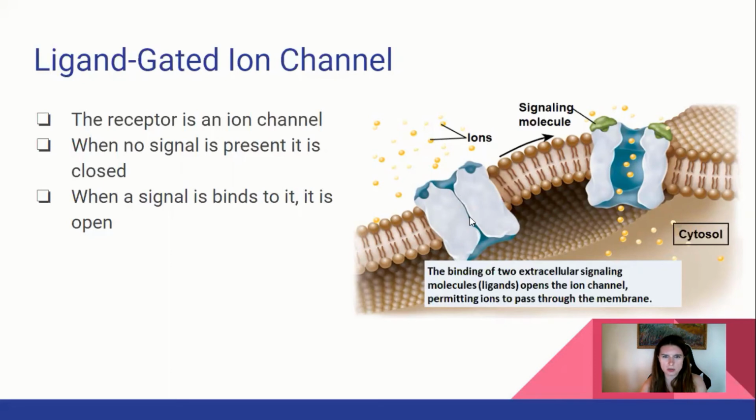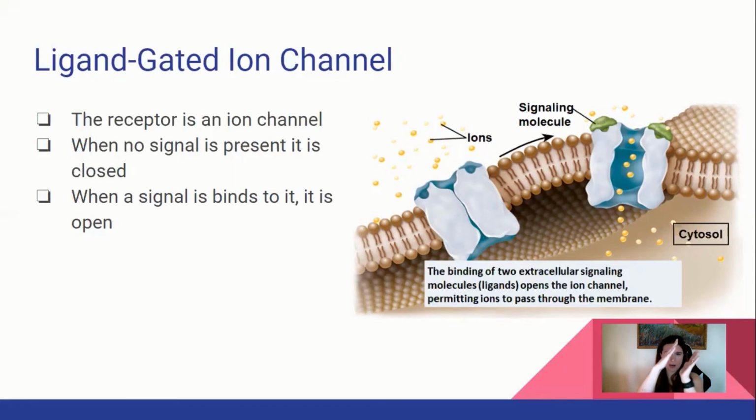It's a protein that goes through the membrane. And when we have a signaling molecule, it binds on to the ligand-gated ion channel. So ligand actually just means something that binds onto something else. So the signal here is the ligand. So our signaling molecule binds onto this ion channel, and that causes a shape change or conformational change in the receptor, which opens up the channel.